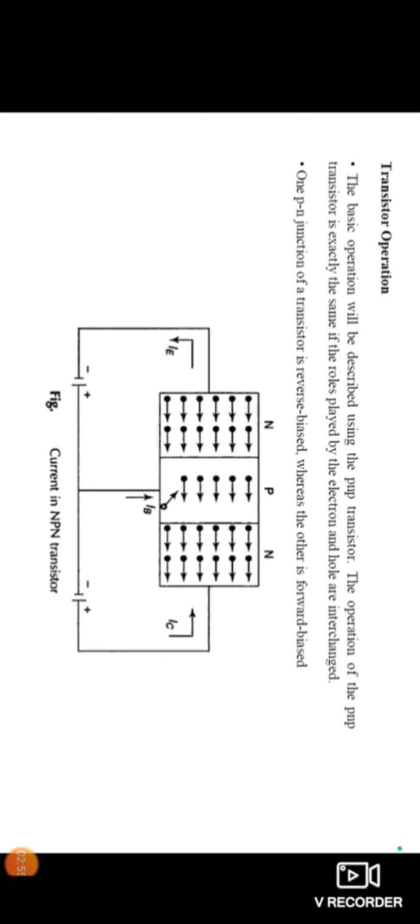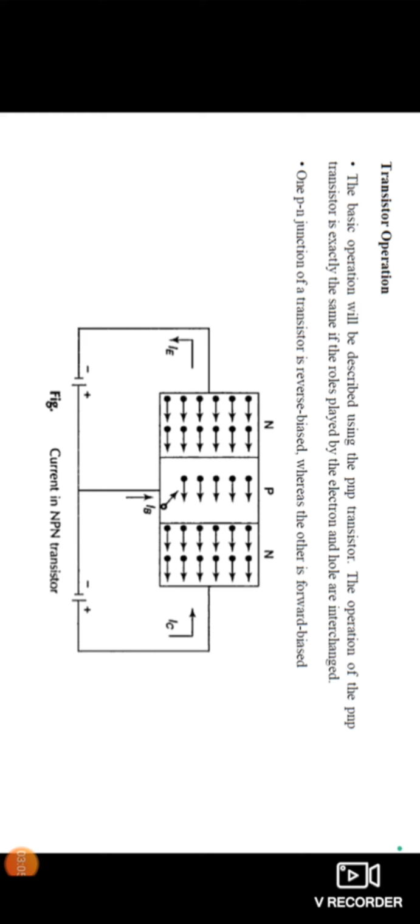In the PNP, the arrow is indicated from emitter to base, and in the NPN, from base to emitter. IC is the collector current, IB is the base current, and IE is the emitter current.